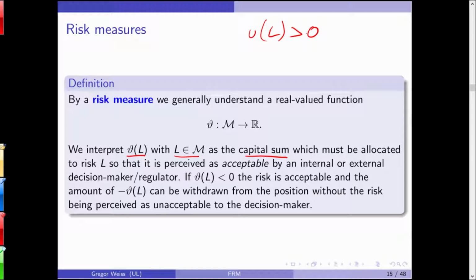In the opposite case, that this risk measure is actually negative, this means that we can even take money out of this investment and it is still acceptable. Yeah? Works a little like a checking account. For example, if you have 5,000 euros in your account, you can withdraw 5,000 and it is still acceptable to you. Yeah? And in the other case, you need to put some money aside as risk capital.